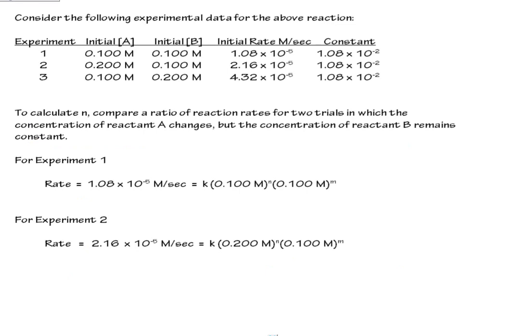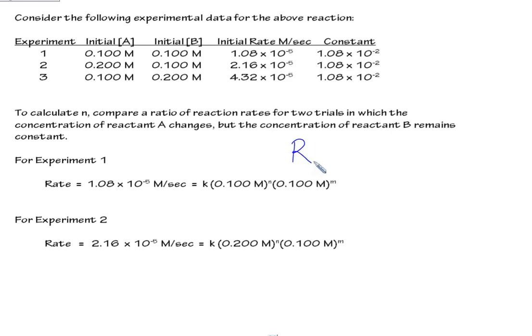Okay, so here's this fake reaction with A and B. They form some products. We don't really care what they are. But you'll have data that looks like this. Somebody ran 3 trials. We changed the concentration of A and B and studied the reaction rate. And obviously the constant is constant, which we'll talk about later. So here's what you do. That initial rate expression looked like this.